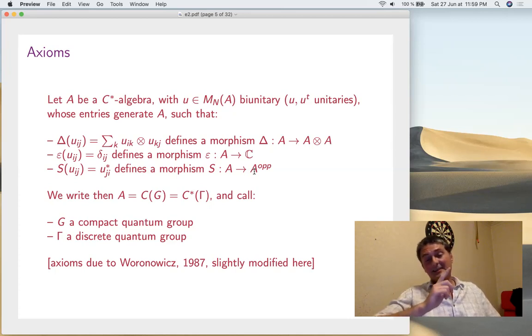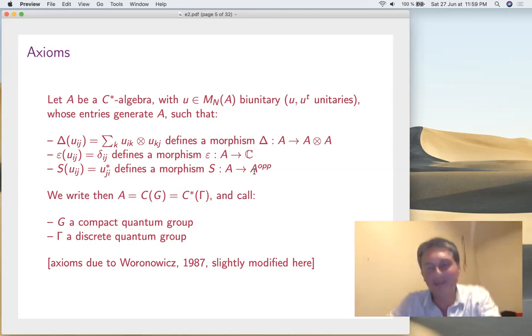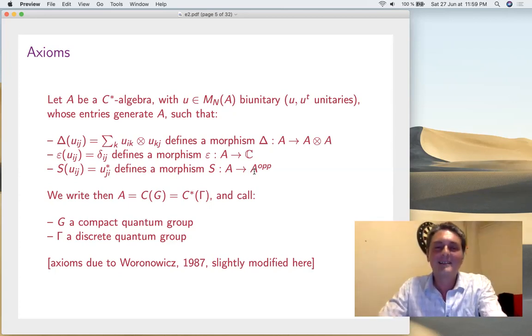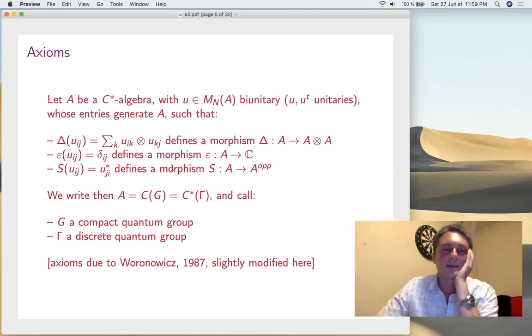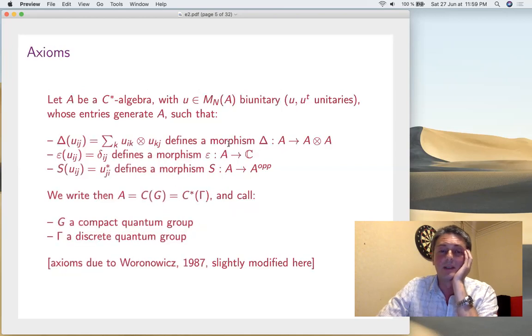So that's something to be remembered. You have that opposite sign there, and we'll see in a few minutes why this is really needed. Now here, of course, C of G is a compact quantum group, because it's just this, but without commutativity.